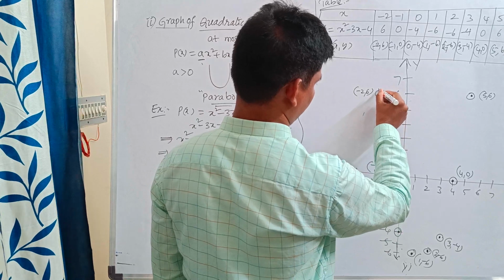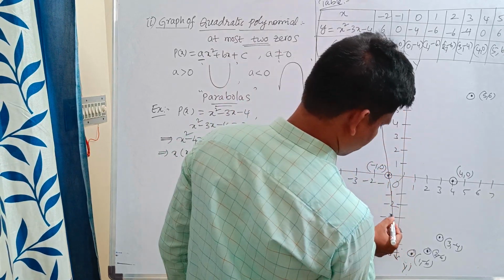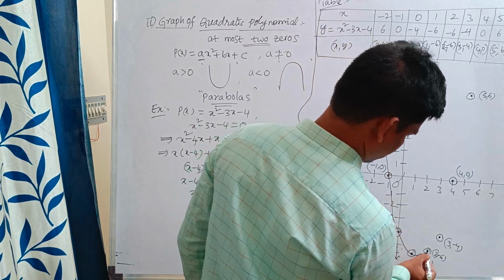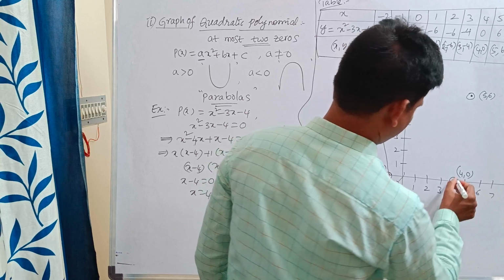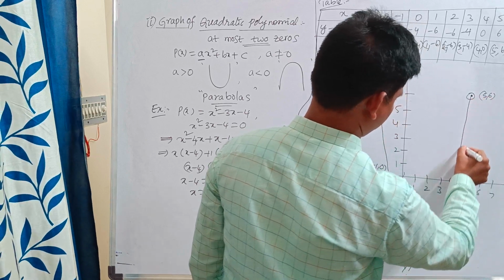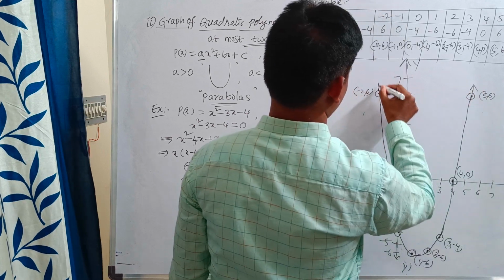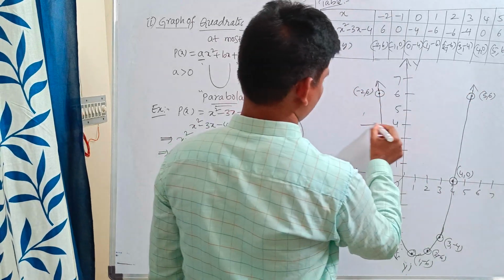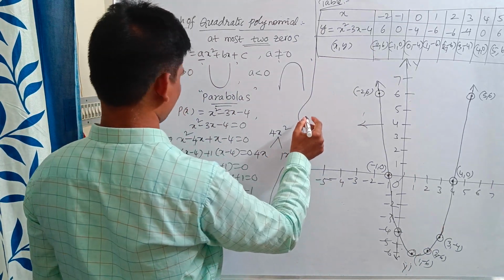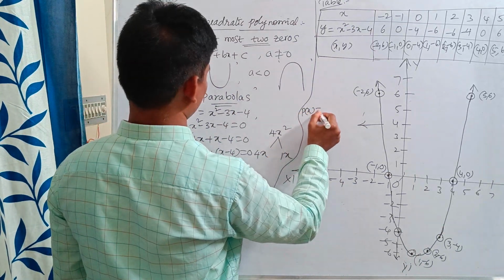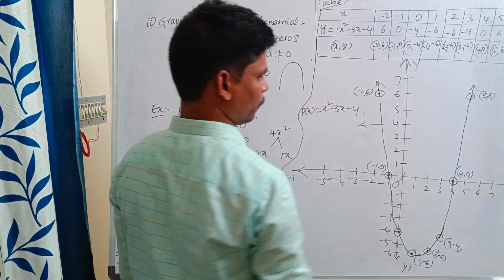What will happen? See here. This is the quadratic polynomial, that is p of x is equal to x square minus 3x minus 4.